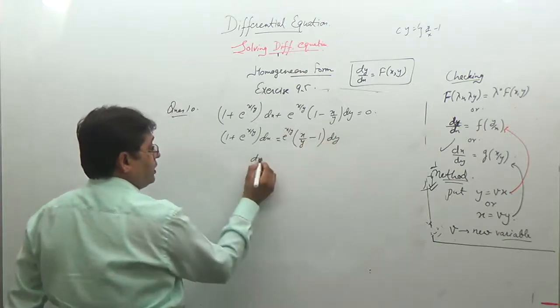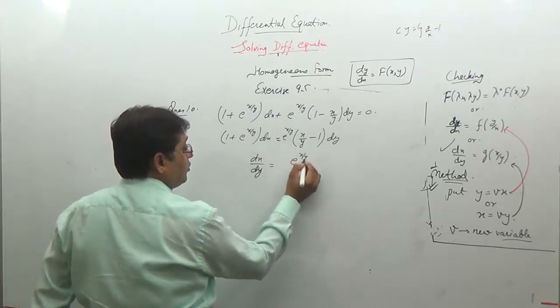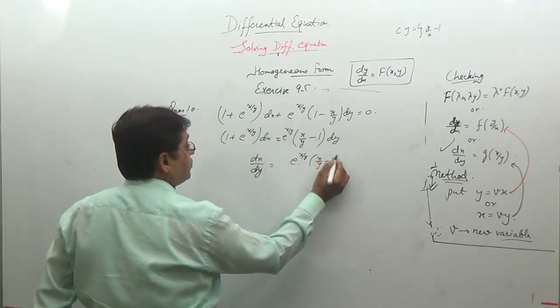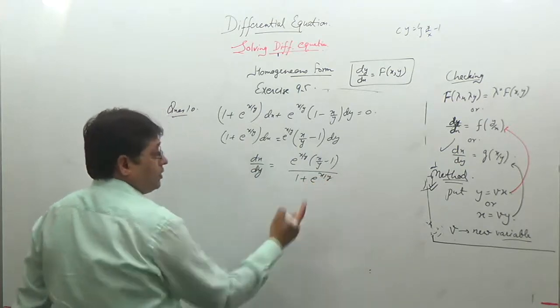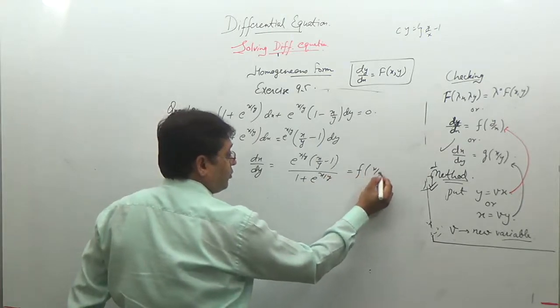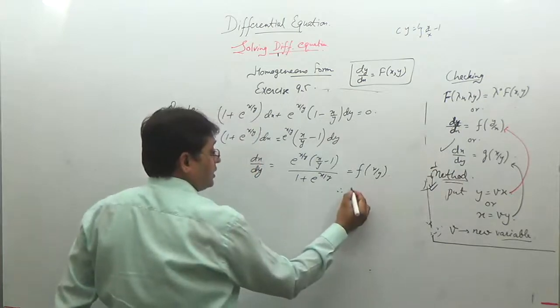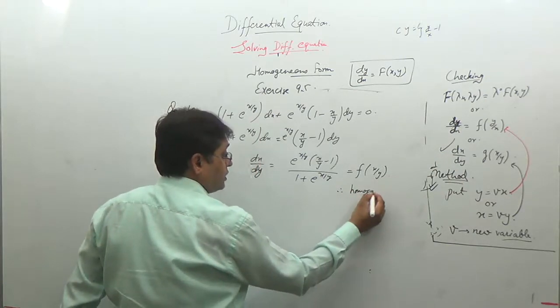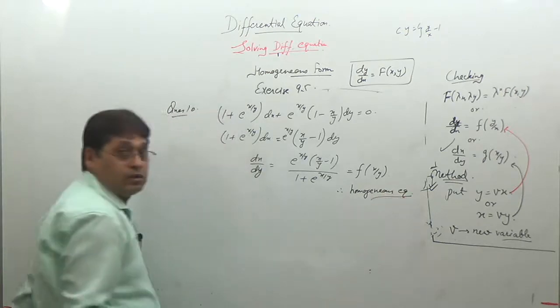Now you will get e raised to x upon y minus 1 upon 1 plus e raised to x upon y. And you can see that the whole part is a function of x upon y. Therefore, using this concept, it is a homogeneous equation. Right?